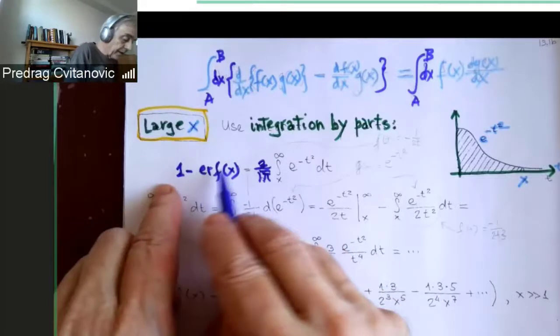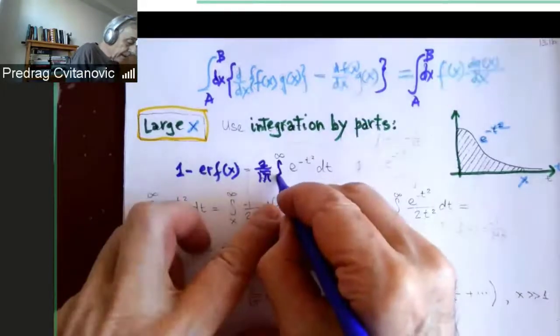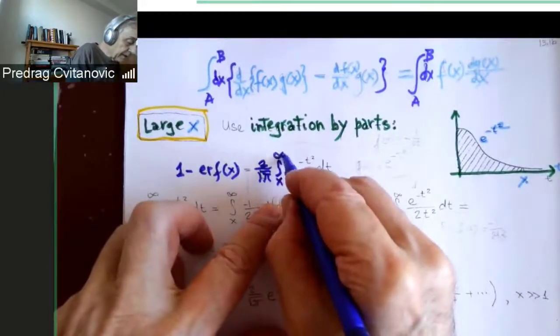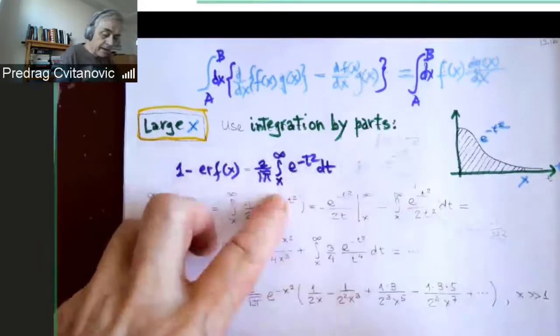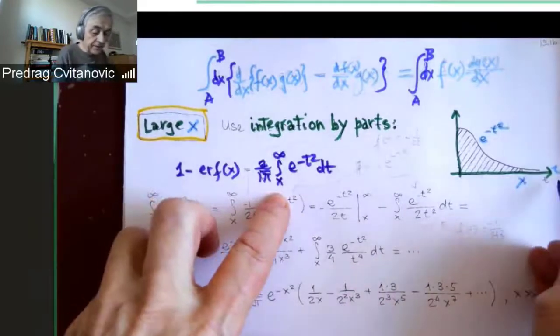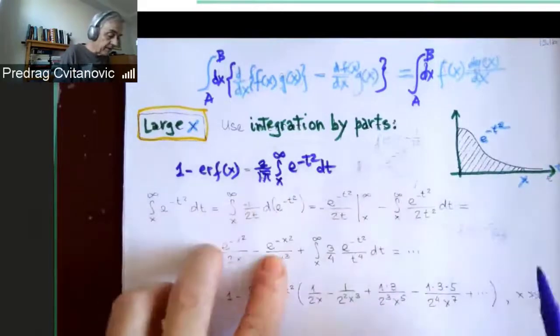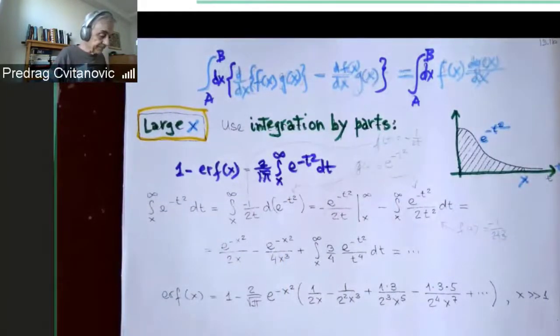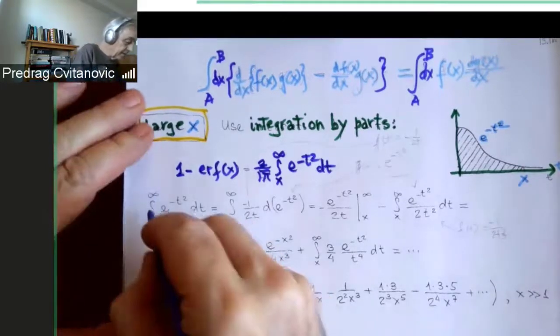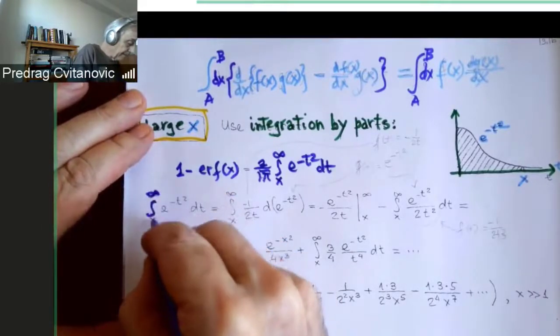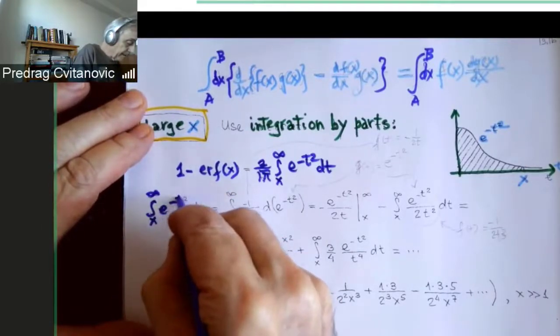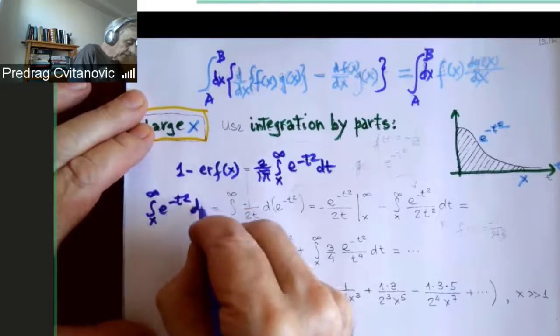So this is a small thing. And indeed, what we are doing is integrating from here to infinity. So that should be small because the Gaussian exponential falls off very fast. So this integral is the tail of a Gaussian.